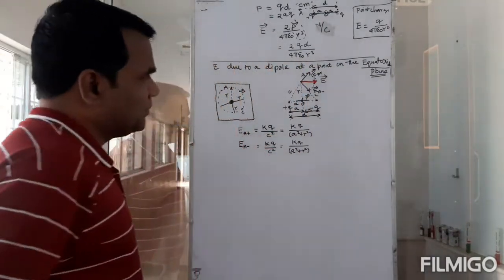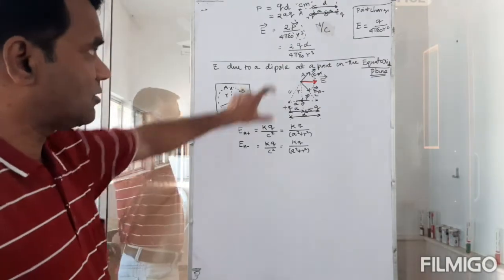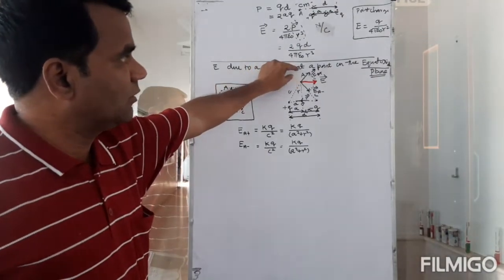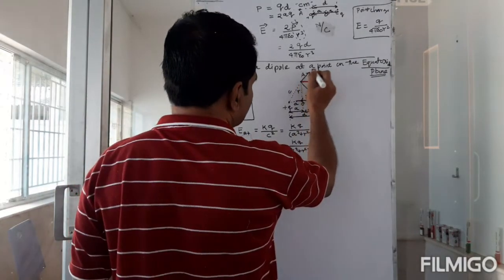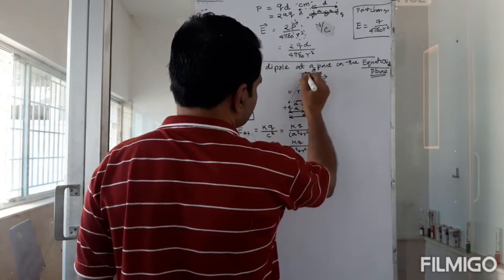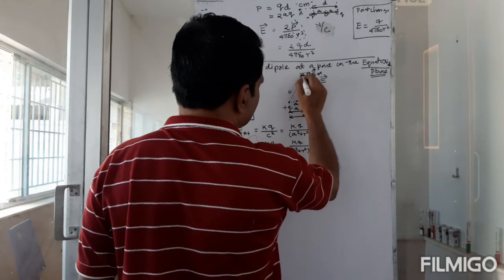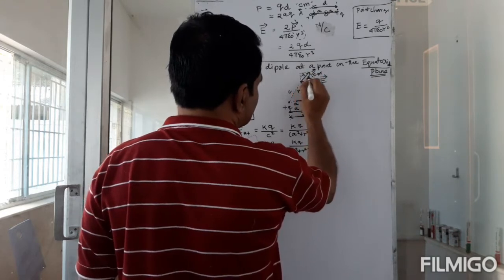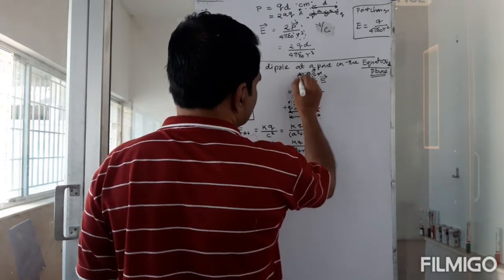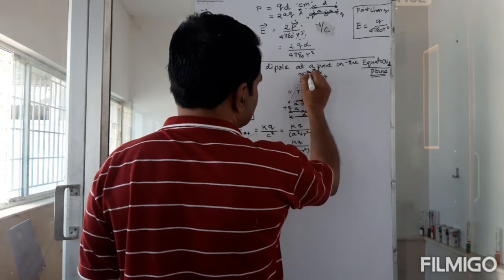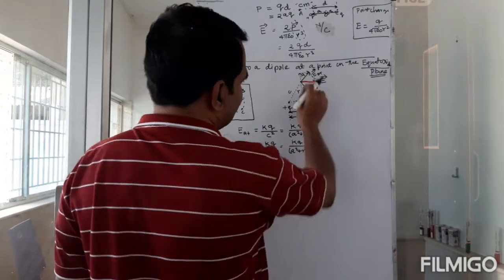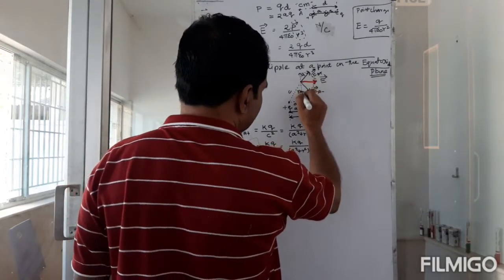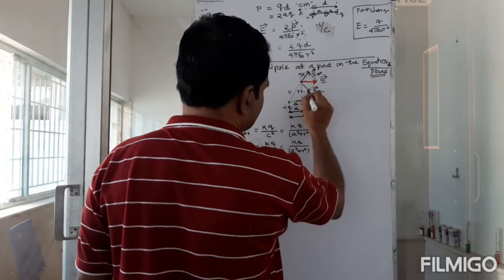But a better way of doing that will be to resolve these vectors along the x and the y direction. Suppose I resolve this vector. I can say that this vector is a combination of this vector and this vector. Likewise, this one is a combination of this vector and this vector.